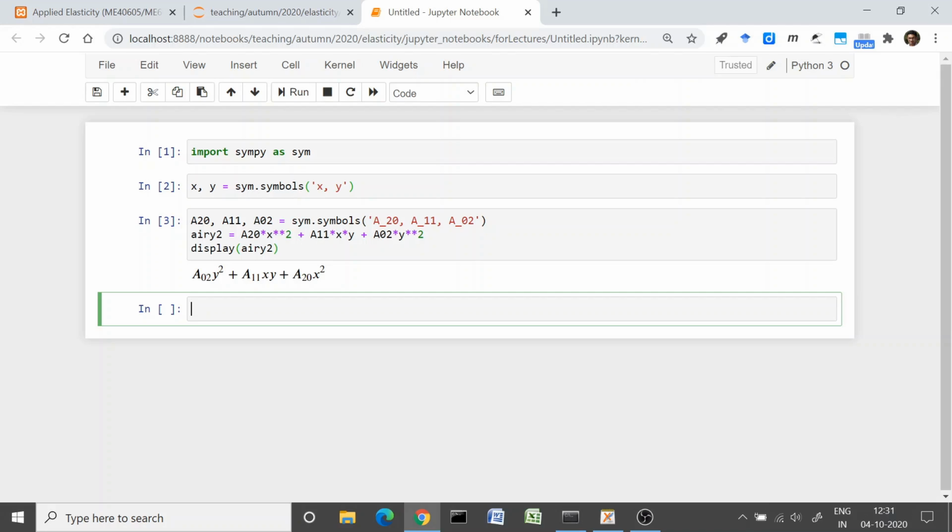Our plan is to similarly write down Airy stress functions considering only the cubic terms, the 4th degree terms and the 5th degree terms, and then to consider a combined Airy stress function considering all the terms.